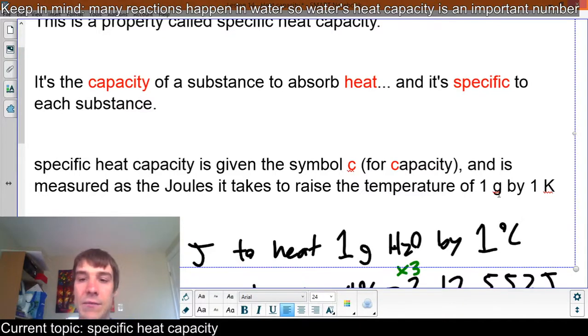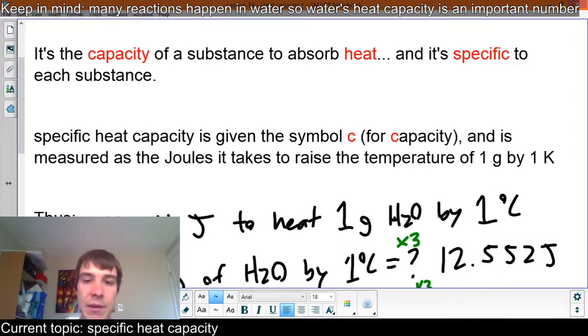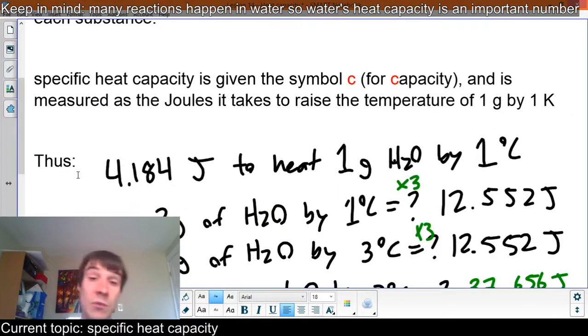So you could say 1 gram by 1 degree Celsius just as easily as 1 gram by 1 Kelvin. You also sometimes see kilojoules per kilogram, but it's 1,000 per 1,000, so it cancels out. You actually get the same number, but it's kilojoules per kilogram instead of joules per gram. And on occasion, you'll see joules per kilogram.